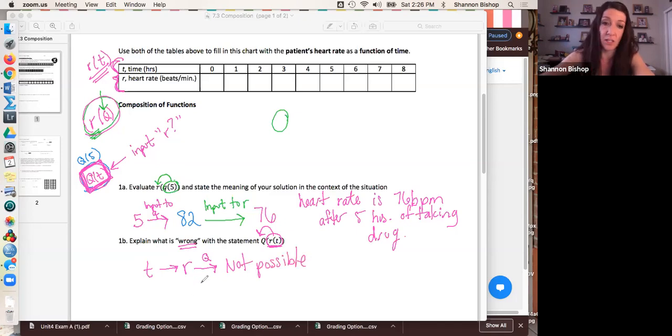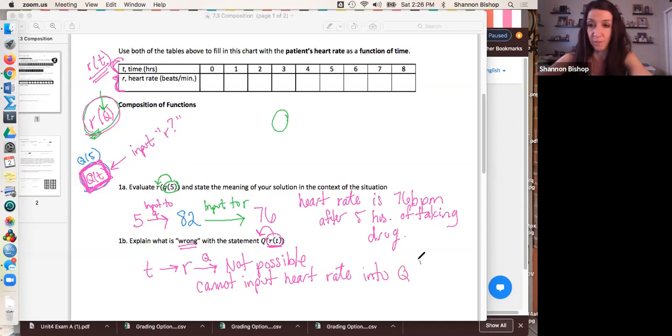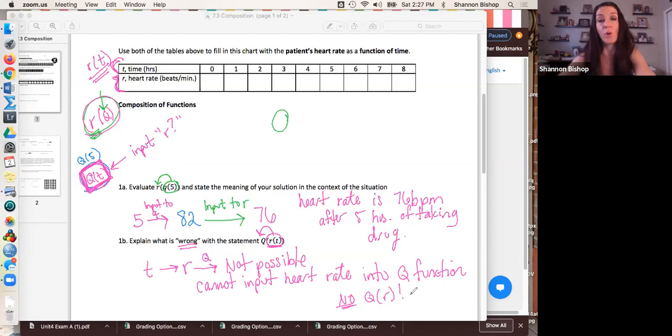You cannot input heart rate into the Q function. There is no Q of R. Not possible.